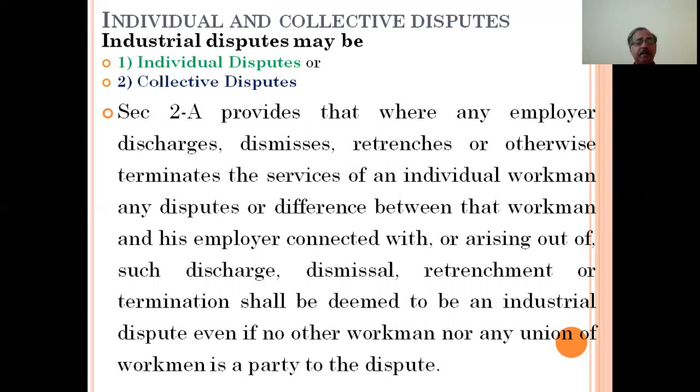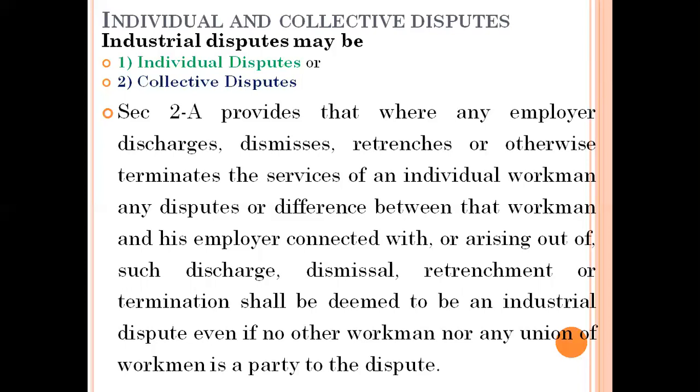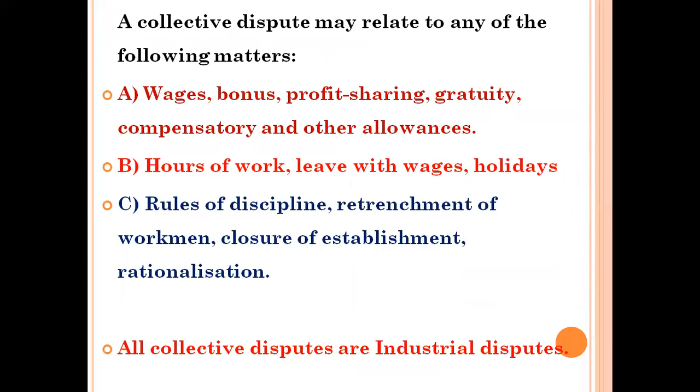Section 2A provides that where any employer discharges, dismisses, retrenches, or otherwise terminates the services of an individual workman, any dispute or difference between that workman and his employer connected with or arising out of such discharge, dismissal, retrenchment, or termination shall be deemed to be an industrial dispute, even if no other workman nor any union of workmen is a party to the dispute.